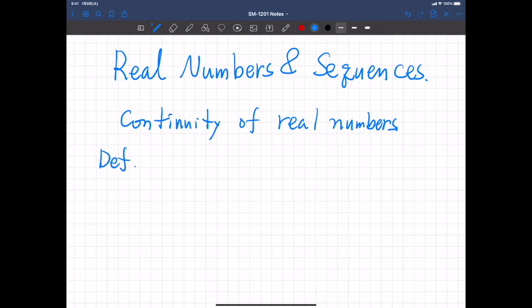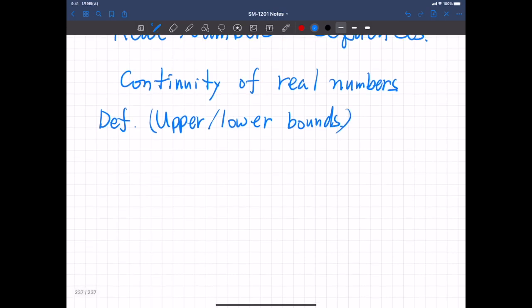from the definition of upper bound and lower bound. Okay, upper and lower bounds. So suppose S is a subset of real numbers and alpha is a real number.